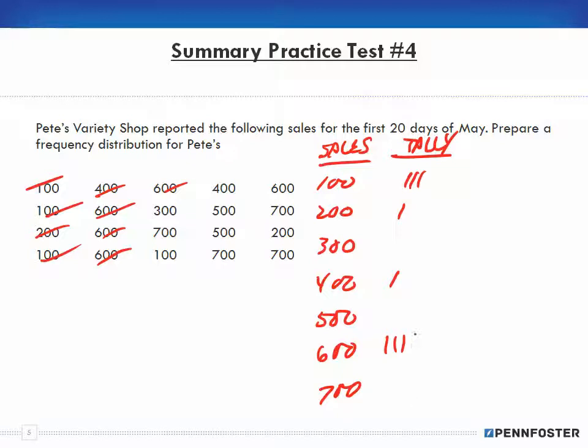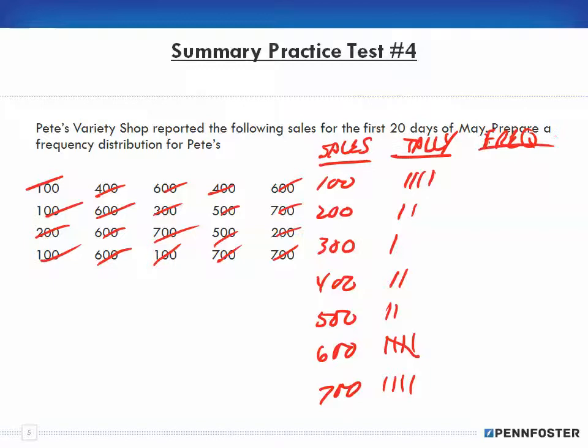There's another 6. 300, 700, 100, 400, 5 and 5, 7, 6, 7, 2, and 700.